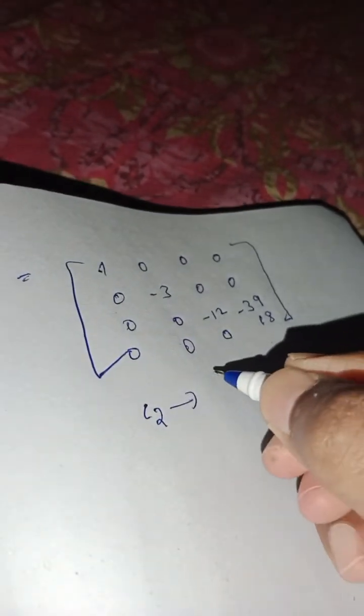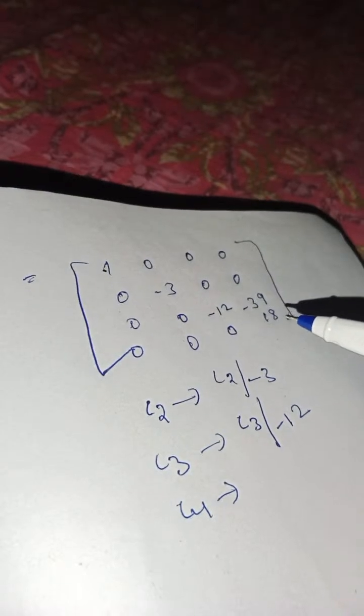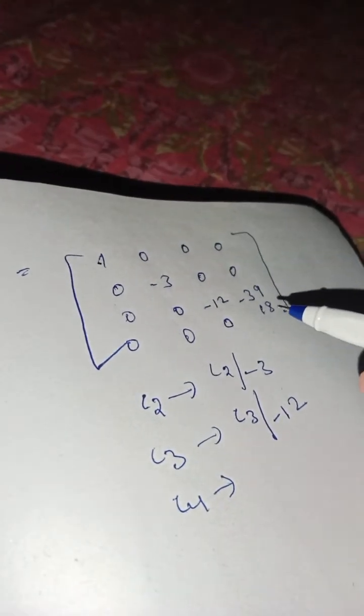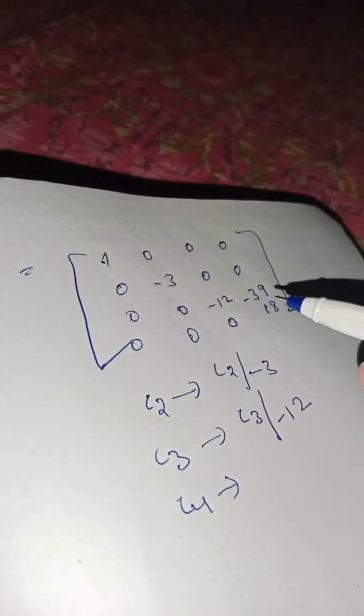C2 tends to column 2 by minus 3. C3 tends to column 3 is C3 by minus 12. So C4 is here 18 will not get 18, 18 to is a 36. So it is different.